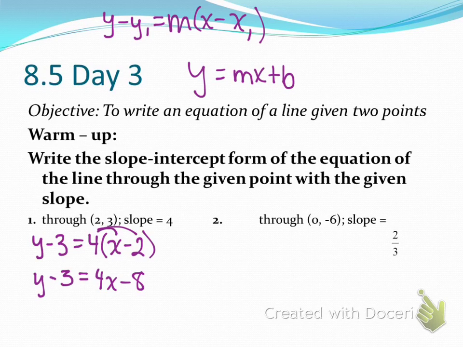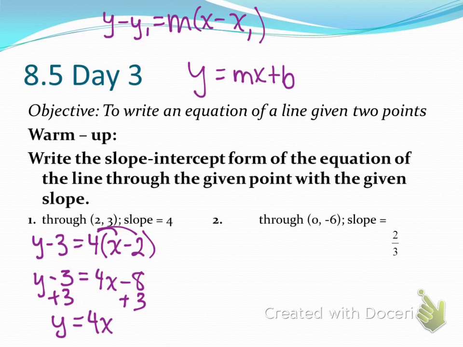The last thing we have to do to get this into slope-intercept form is get y by itself. Who can tell me how to do that? Danielle? Add 3 to both sides. Y equals 4x. What is negative 8 plus 3?